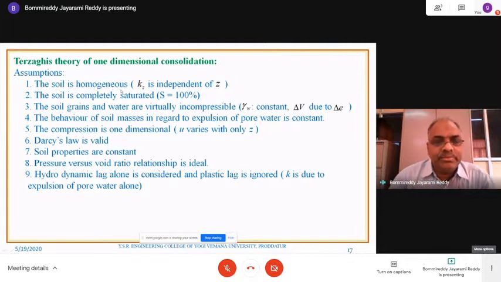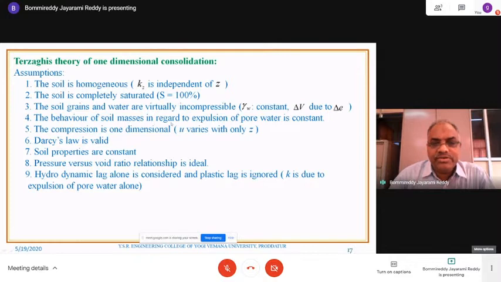Normally, soil is never perfectly homogeneous, but it is assumed to be homogeneous and KZ is independent of Z. All properties are the same for the soil at any position, and soil is completely saturated. Soil grains and water are virtually incompressible. There is no compressibility taking place in the soil grains and also the water.